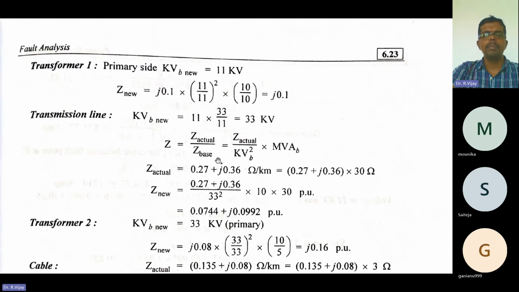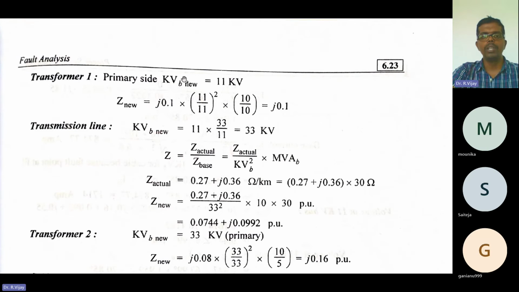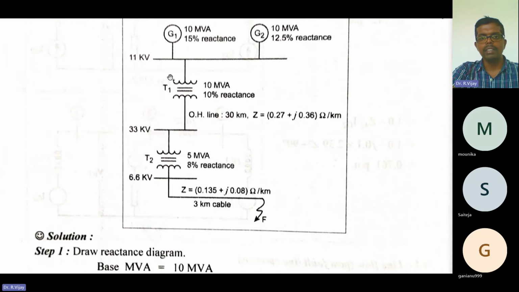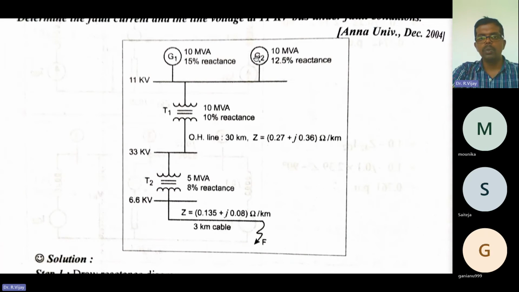Next, coming to transformer one. Don't follow blindly here; whatever is there, you need to calculate. After the two generators, you need to calculate for transformer number 1. What is the reactance given? 10%, that is 10 divided by 100 is 0.1 J. So that is the reactance that is given.